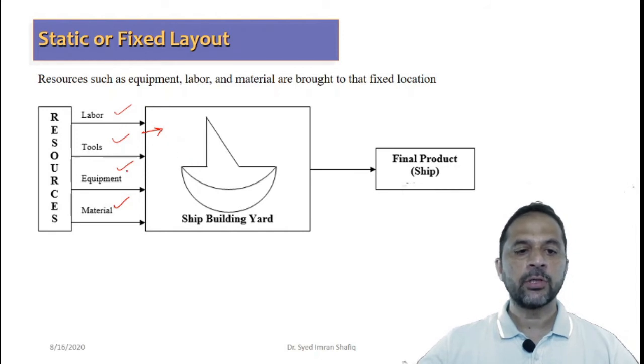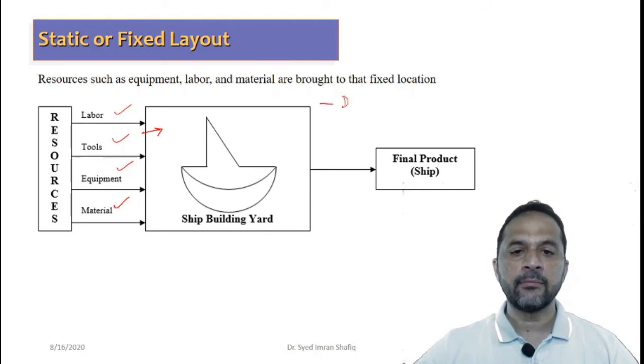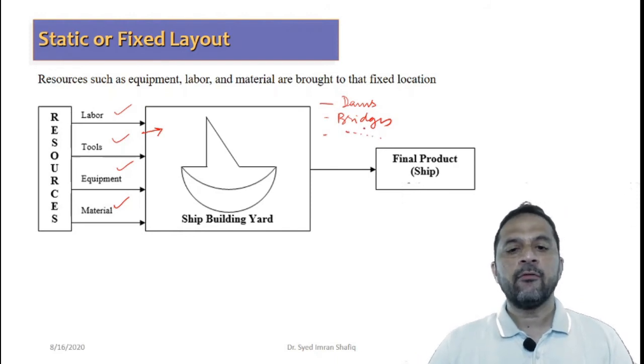All the labor, tools, equipment are brought to the shipbuilding yard, and the final product is produced. So this is a special kind of layout, which is basically used for huge projects, for example dams and bridges, and similarly the big projects which are there. So this kind of layout is used for those projects.